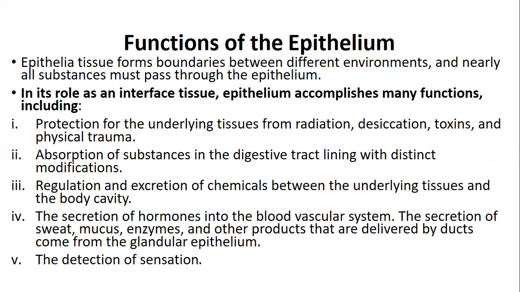In the digestive system, the epithelial layer allows the absorptive activities to take place. There is also regulation and excretion of chemicals between the underlying tissue and the body cavities, among other substances, and secretion of hormones into the blood and vascular system, as well as secretion of sweat, mucus, and enzymes.